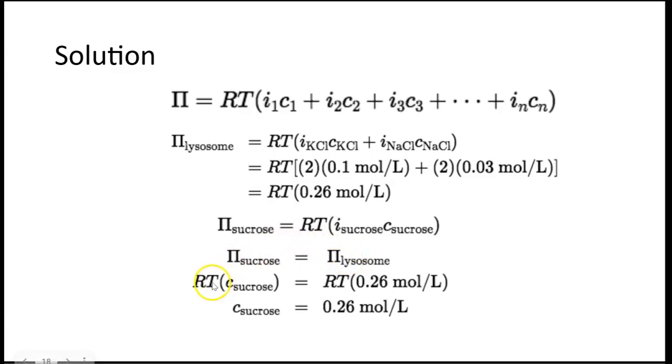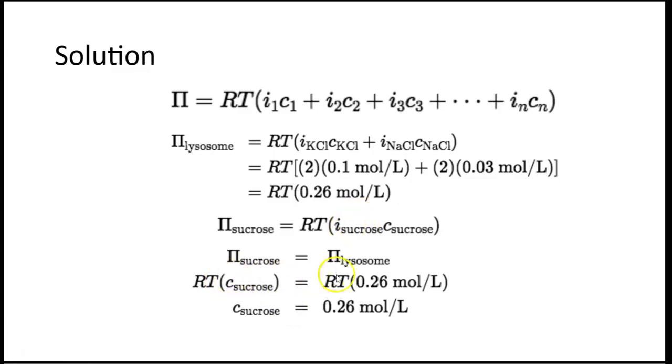So the osmotic pressure for sucrose is the concentration of the sucrose, which is not defined yet, times R and T. I is not there anymore because it is 1; it doesn't ionize.